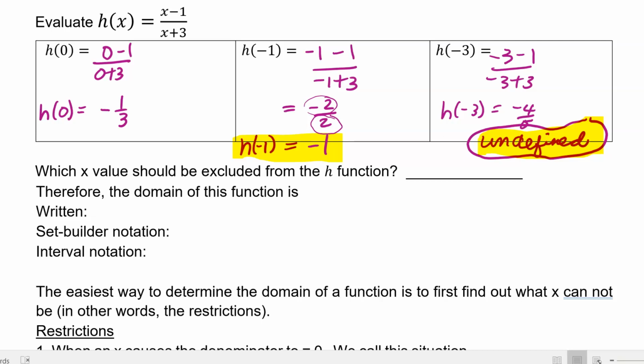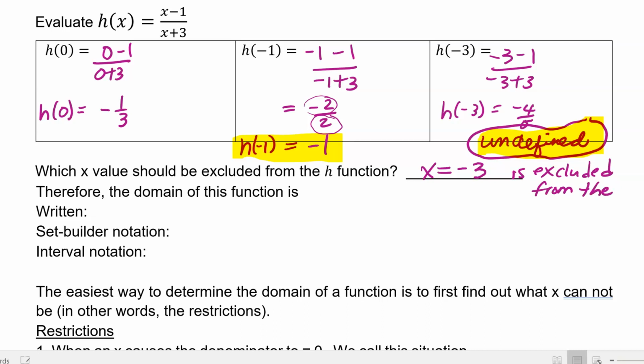Now, what x value did we plug in to make it undefined? Negative 3 in this case. We plugged in a negative 3 and we got undefined. So this x value is excluded from the domain of this function.